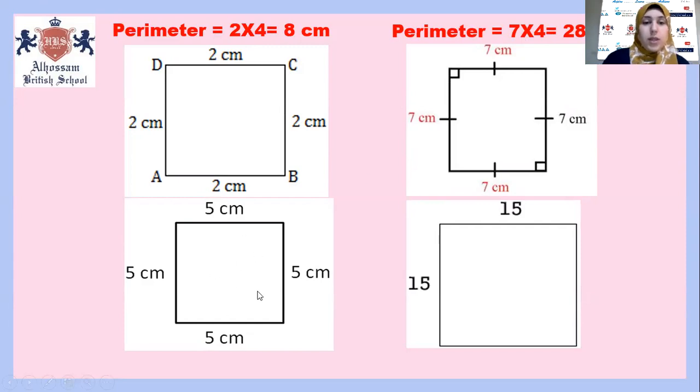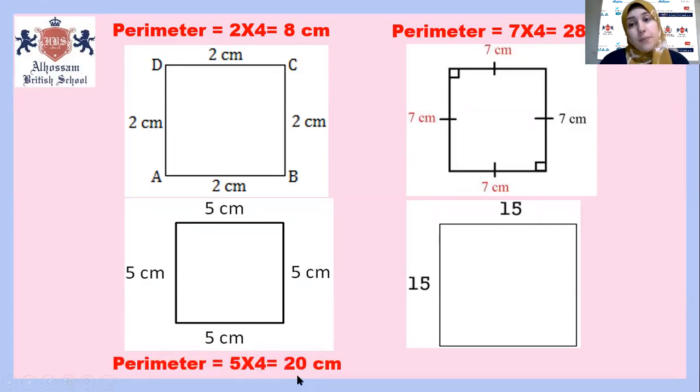Next one, the side here equals 5. So 5 multiplied by 4. Excellent. It will equal 20. And the last one here, the length equals 15. I want to tell you something. We can write the length on a square on only one side.